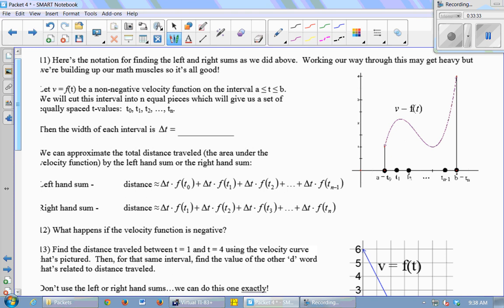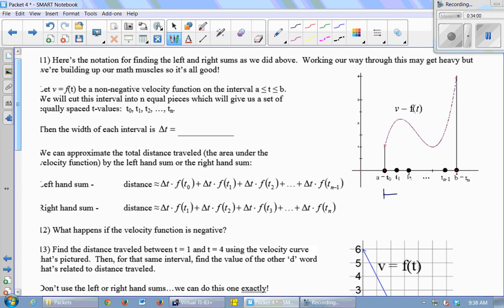So the width of each interval, okay, if I'm breaking the interval from a to b into n equal pieces, what's the width of each interval? The total width would be b minus a, right?